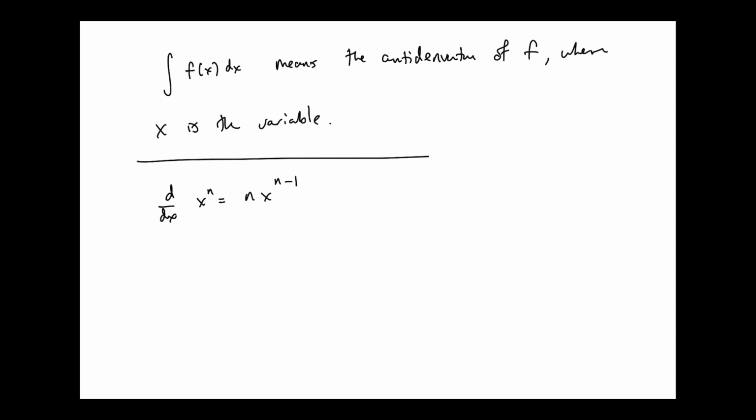Right. So what are the 2 processes that I did here when I took the derivative of x to the n? The first thing I did was multiply by the old exponent. The second thing I did was take 1 away from the exponent.